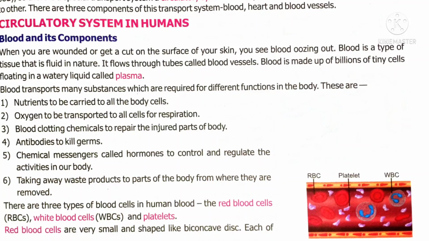Oxygen is transported to our body for respiration. Every cell needs respiration. Every cell performs respiration. For this, oxygen is needed, which is carried by our blood cells, that is blood. Hormones and proteins are required for our body for regulating our day-to-day activities or cellular activities.